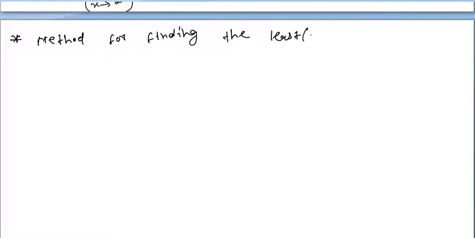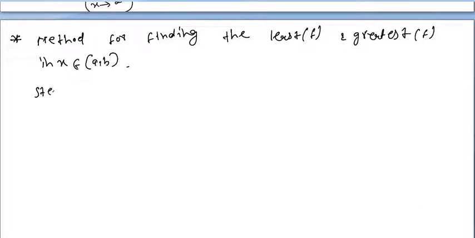For this, just see some basic concepts, that is, the method for finding the least and greatest value of a function f(x), where x belongs to a given bounded interval A. Just follow the steps.